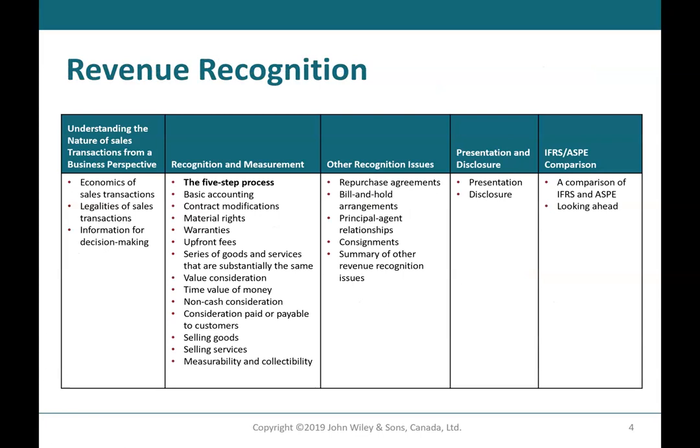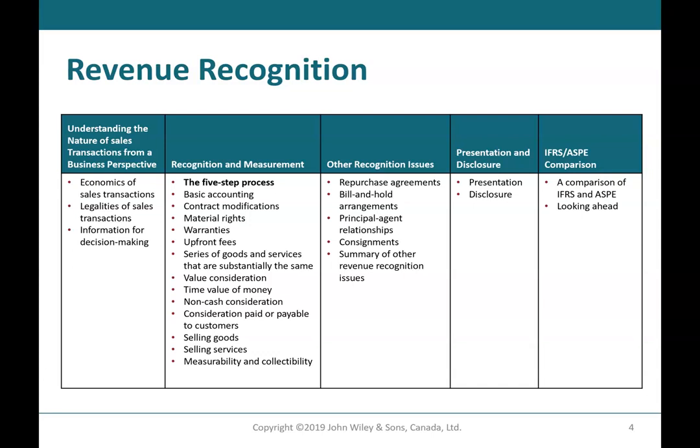Revenue recognition. Understanding the nature of sales transactions from a business perspective. Economics of sales transactions. Legalities of sales transactions. Information for decision-making.